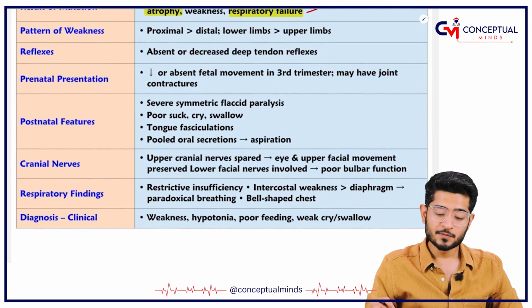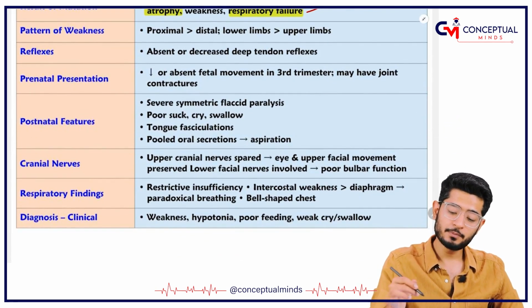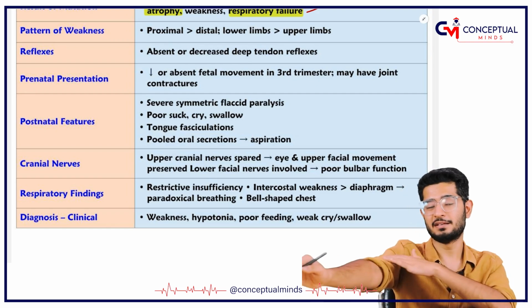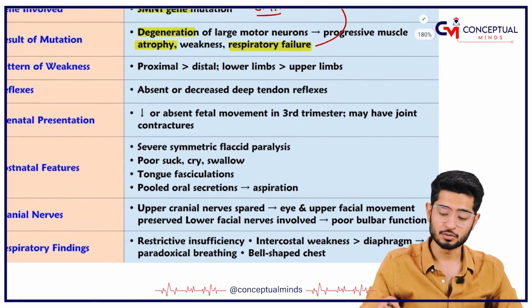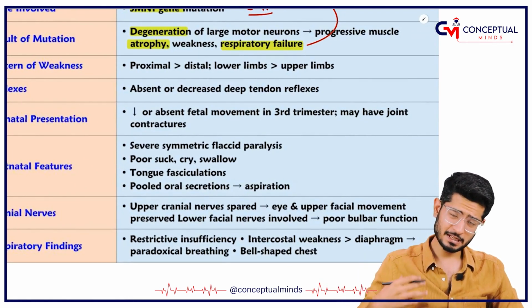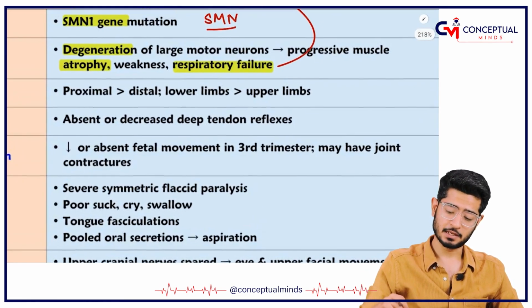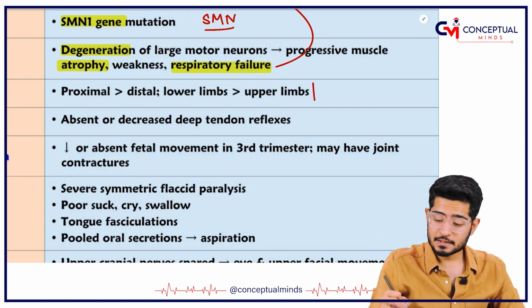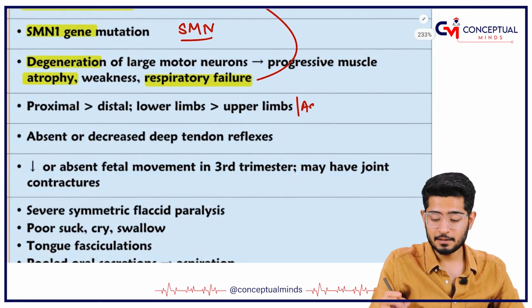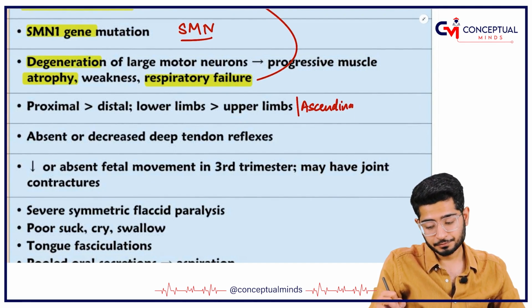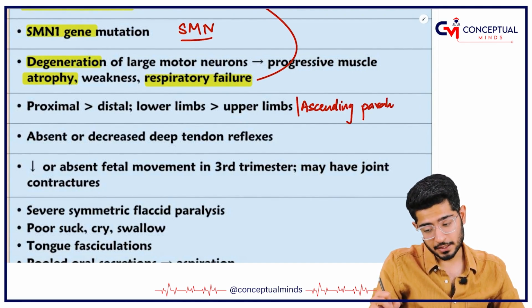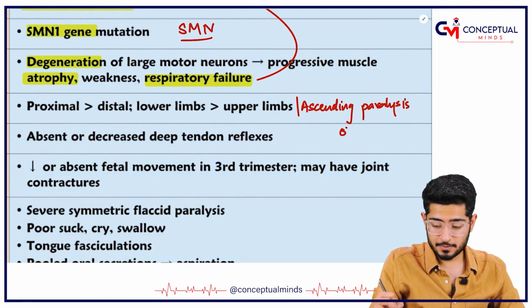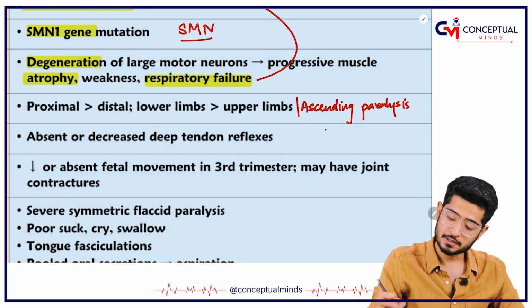The pattern of weakness: first of all, proximal muscles are involved, and then the distal muscles are going to be involved. Firstly the lower limbs are involved, then the upper limbs. This is termed ascending paralysis, which is actually a feature of GBS, Guillain-Barré syndrome.